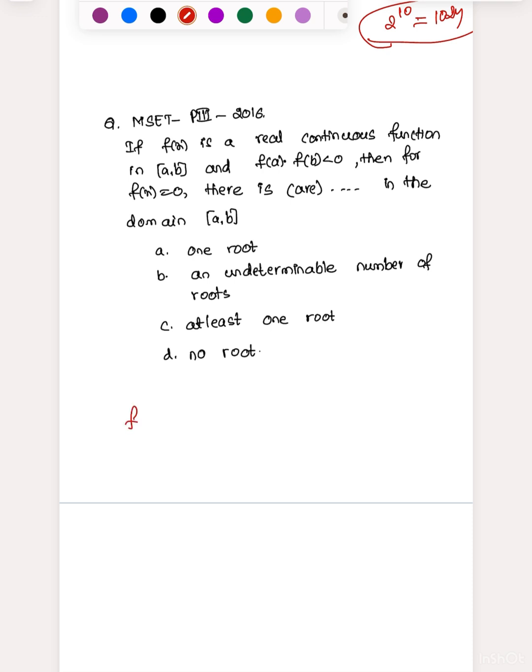So this is nothing but f is continuous and f of a into f of b less than 0. This means f of a and f of b are of opposite signs.